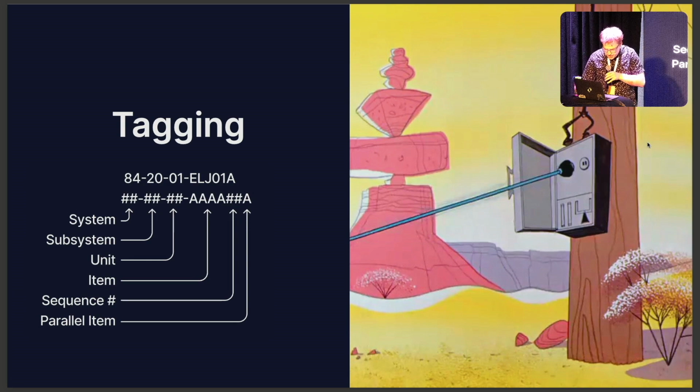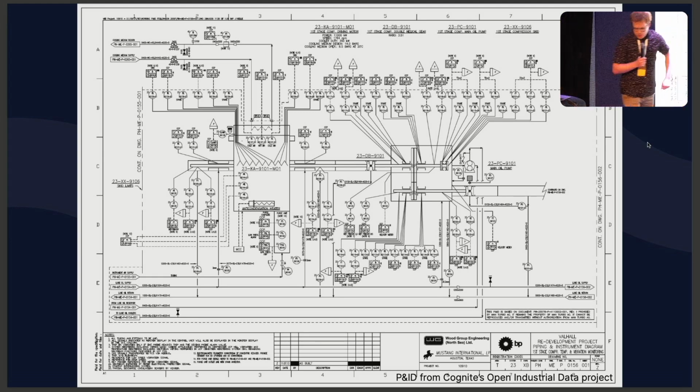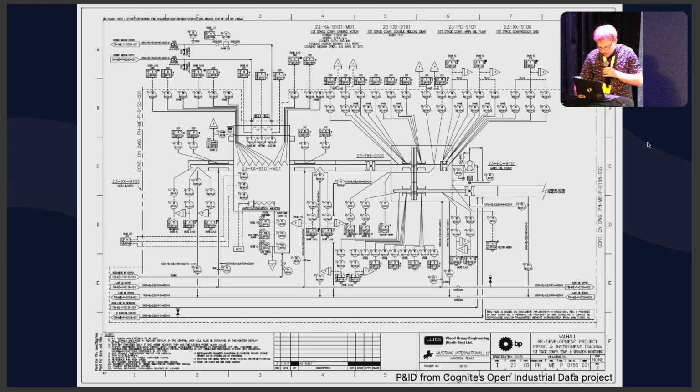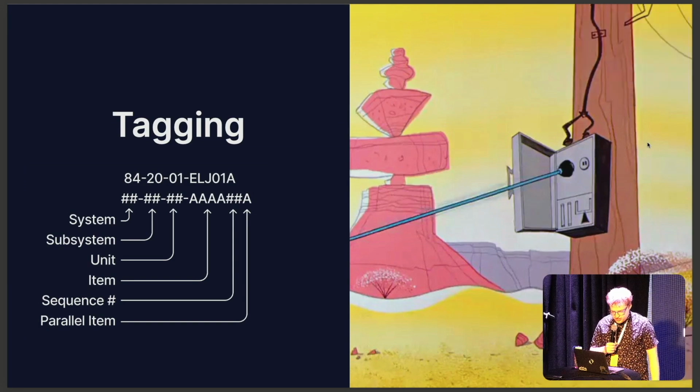So when we're looking back at something like this, we can see it's a valve, and maybe it's valve 1 versus 2, and you can see sort of where it is on the thing there. In this case, 84 is maybe the electrical system, and ELJ is the code for a junction box, which has something going on.